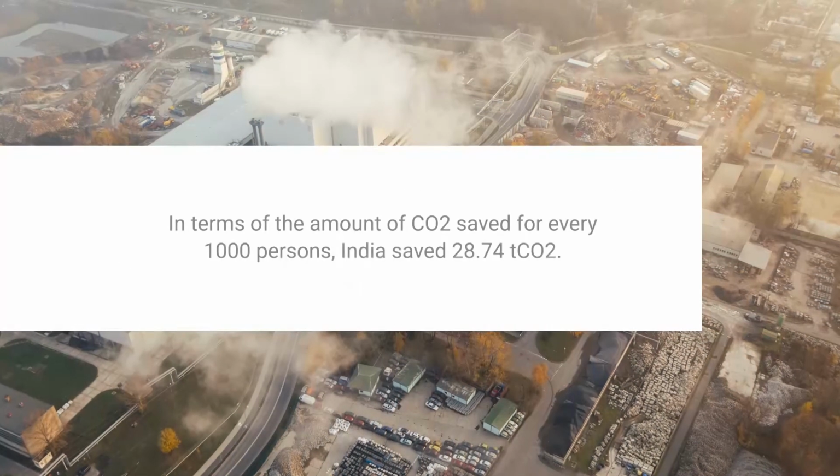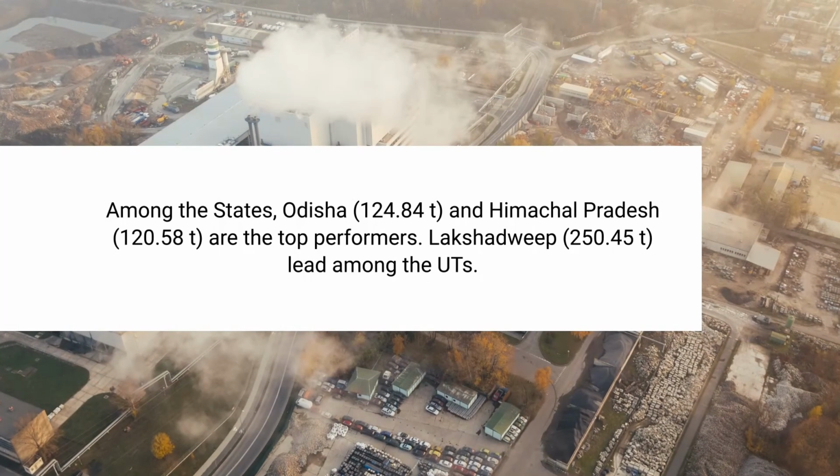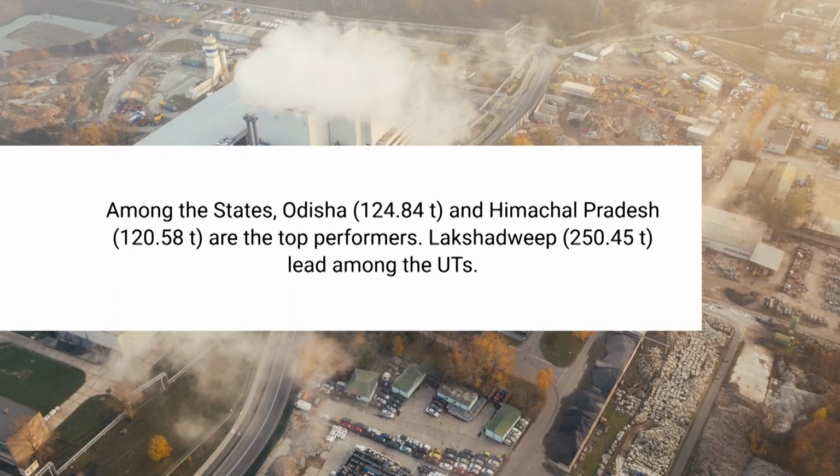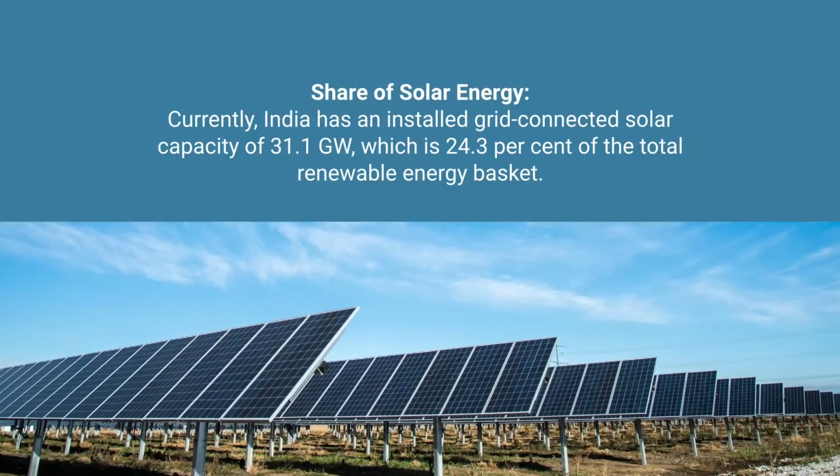In terms of the amount of carbon dioxide saved for every 1,000 persons, India saved 28.74 ton. Among the states, Odisha with 124.84 ton and Himachal Pradesh with 120.58 ton are the top performers. And among the union territories, Lakshadweep leads with 50.45 tons.